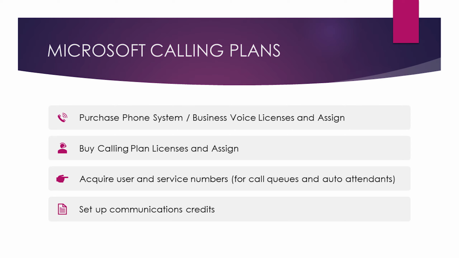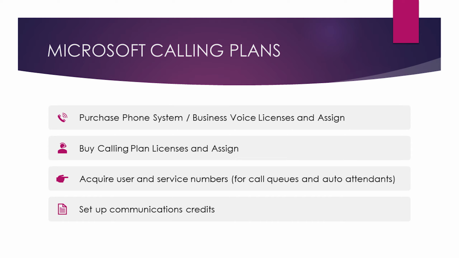Once you have bought all the necessary licensing, you will need to assign them to your users. You will then need to acquire user and service numbers and assign any of your users who you wish to have telephony those numbers.